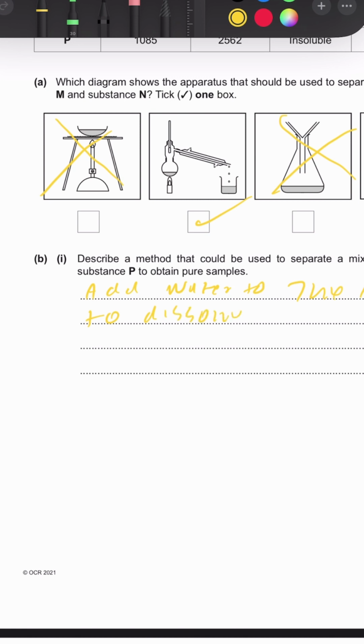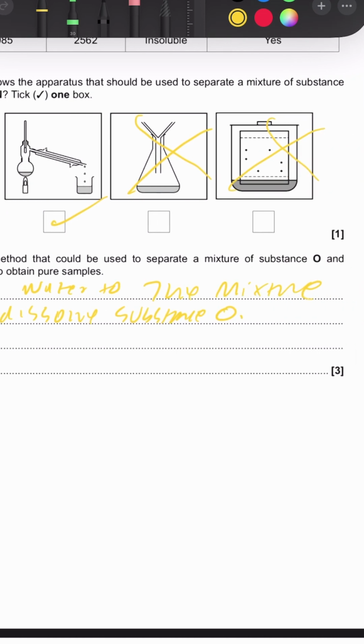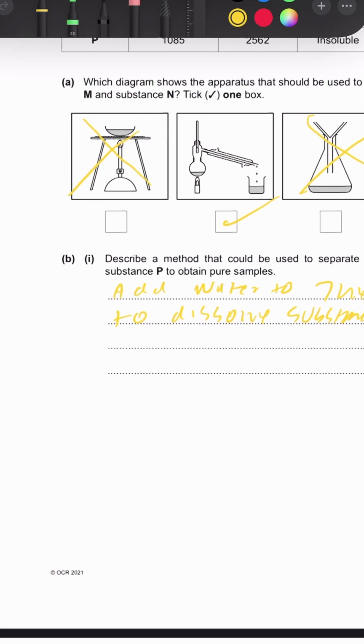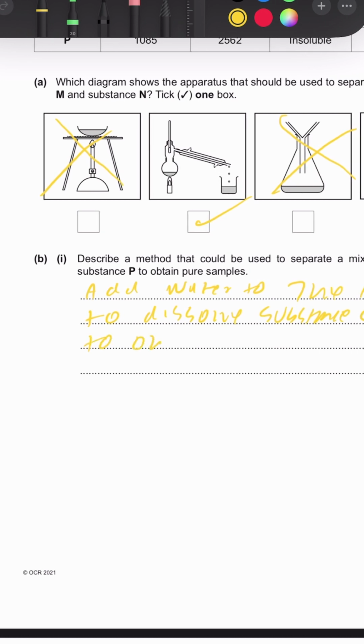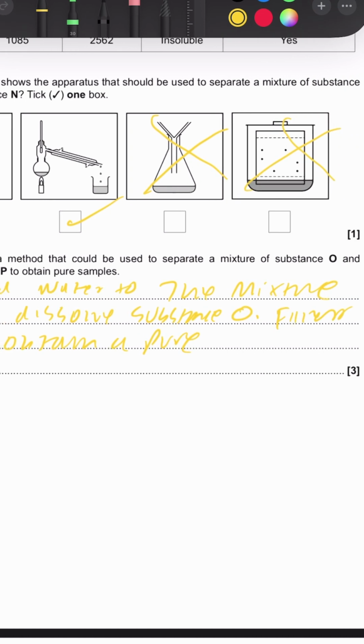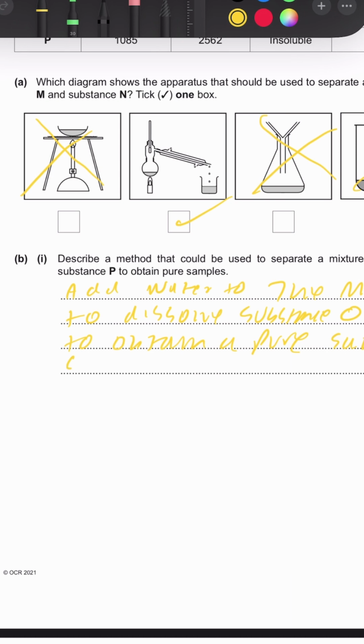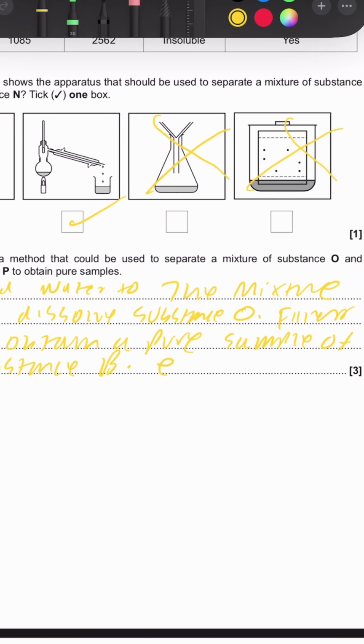The first step you would say is add water to the mixture to dissolve substance O. Then you would filter to obtain a pure sample of substance P, and then evaporate or distill off the water.